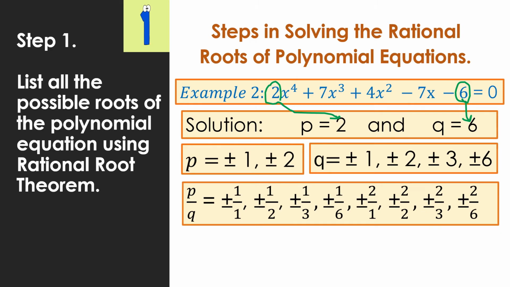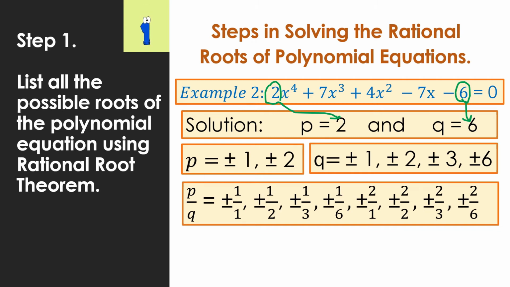And then we will do again in the form of P over Q, where we have 1 over 1. So 1 over 1, 1 half, and then 1/3, and then 1 over 6 or 1/6.